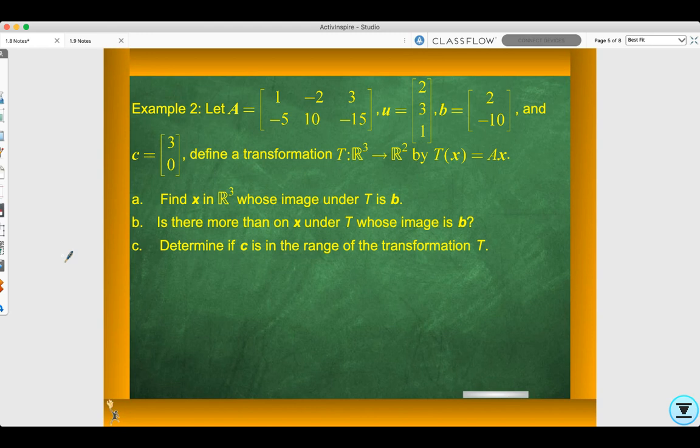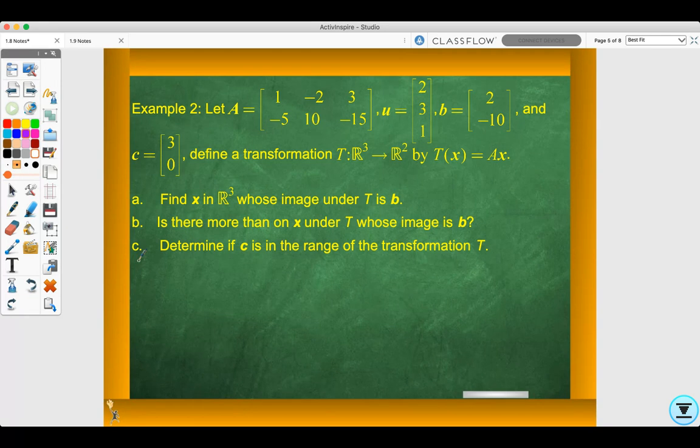Okay, so we're going to go through this, and this one's rather lengthy. So I'm going to start with A, and what we need to do is solve our transformation T(X) equals b for X. So we would have AX equals b.